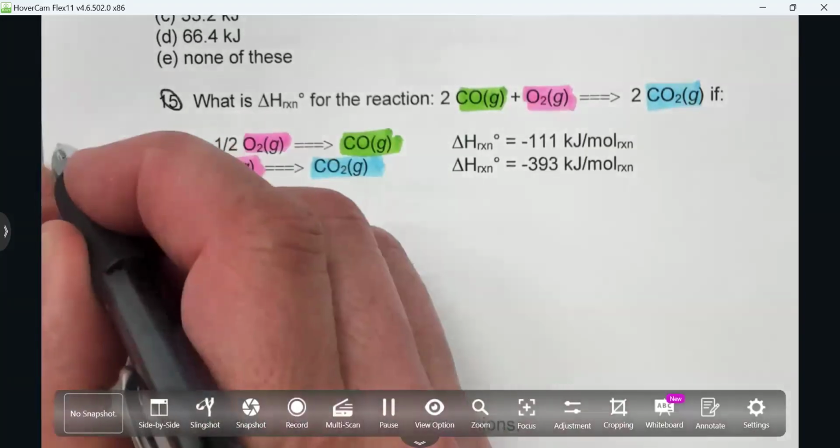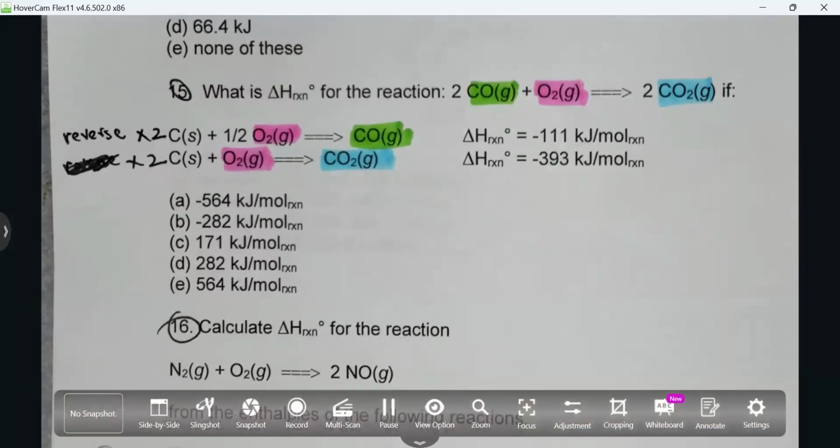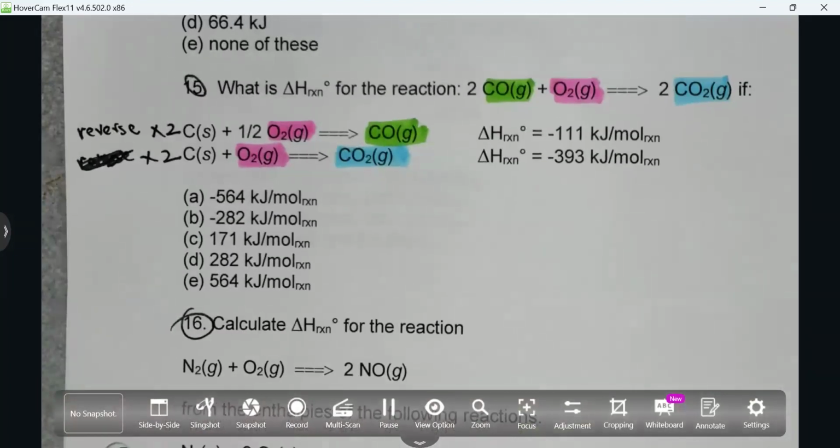Yeah, and the top should be reverse times 2. Times 2 on the bottom one, reverse times 2 on the top one. Yes? Somebody's got this worked out? Thumbs up, yes? Okay.